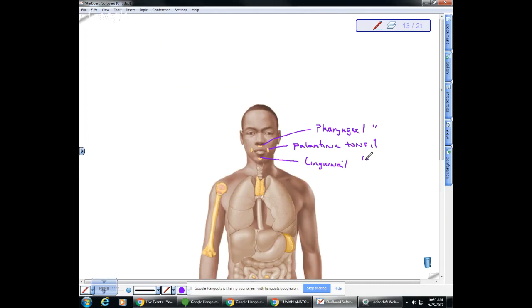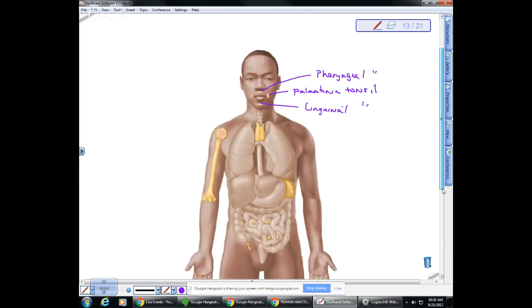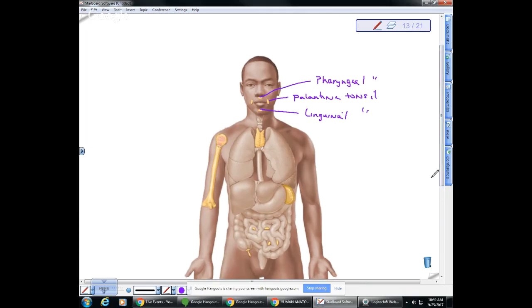There's another diagram on the bottom of your page that also has the location of the tonsils. So that is upper respiratory, the throat and pharynx region.